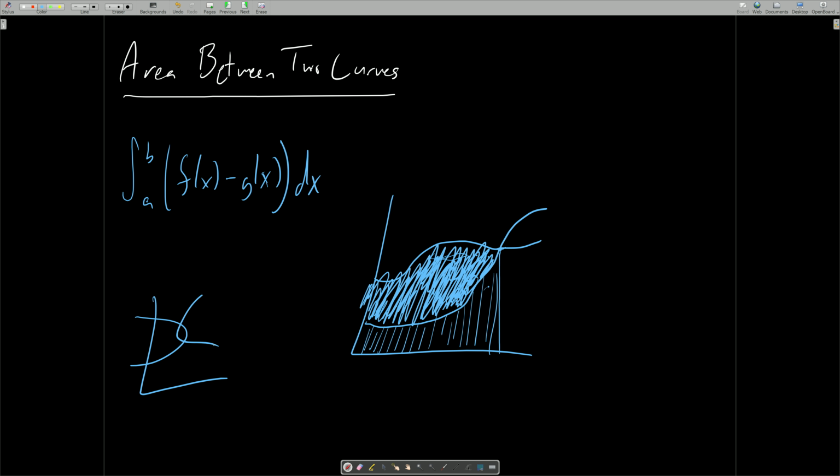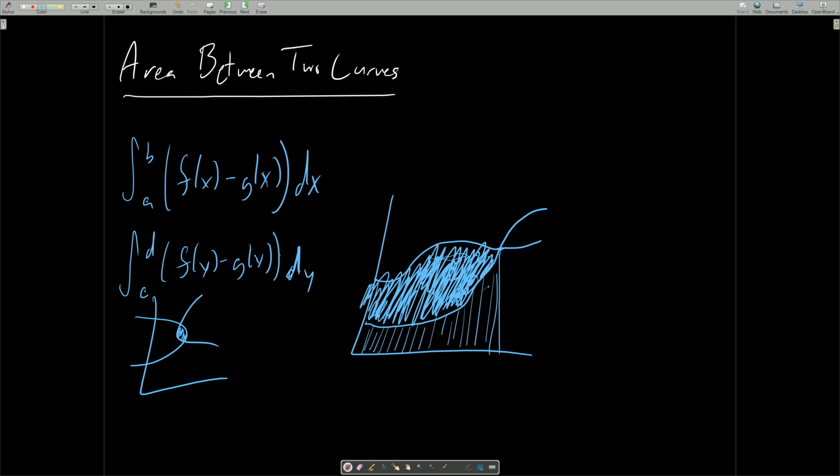You could also use this for situations where you have functions defined in terms of y. I'll write the integral of f of y minus g of y dy. This could be useful if you want to do your right function minus your left function instead of top minus bottom. So like if you think about this, this could be 4 minus x, right?